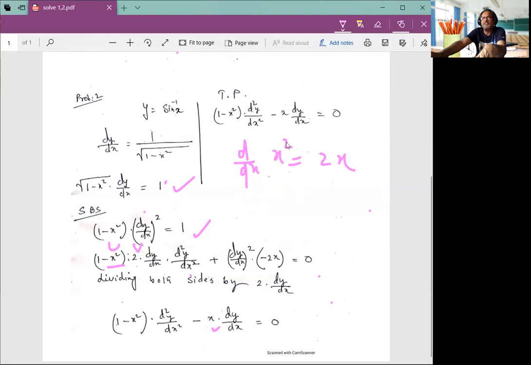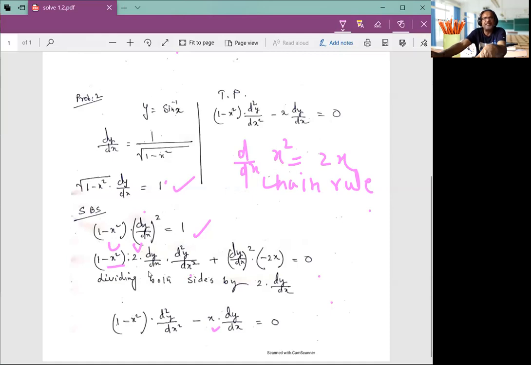Now how to differentiate this function of function? You have to apply the chain rule. Chain rule is important here. Now if it is not x square, then you have to differentiate it as x square. So what will that be? 2x.